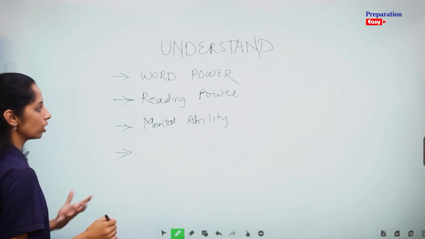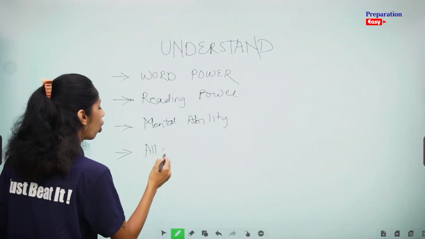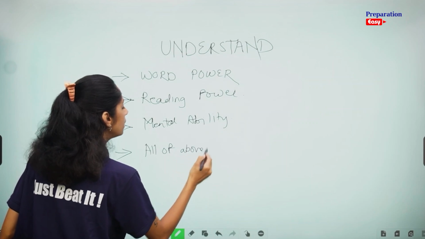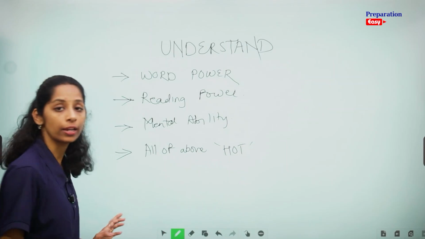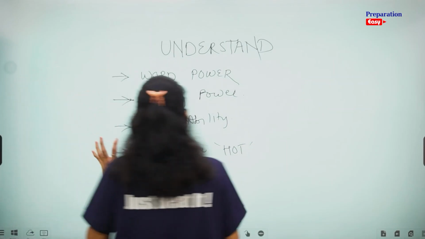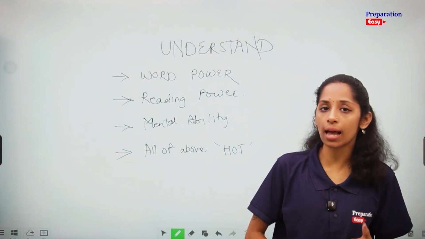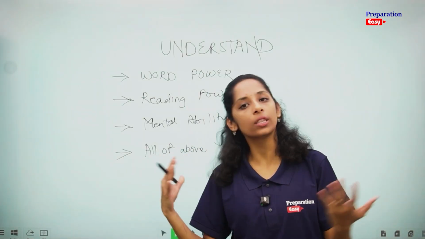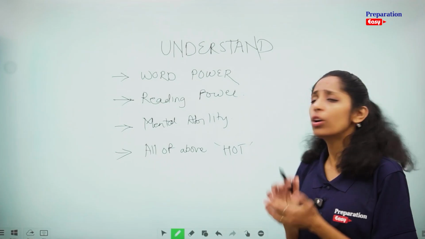And the fourth section is everything like all of the above, but in higher order thinking. So this is going to be our syllabus overview, the exam pattern, the plan. We are going to make a plan for this exam, how we are going to prepare for this exam.